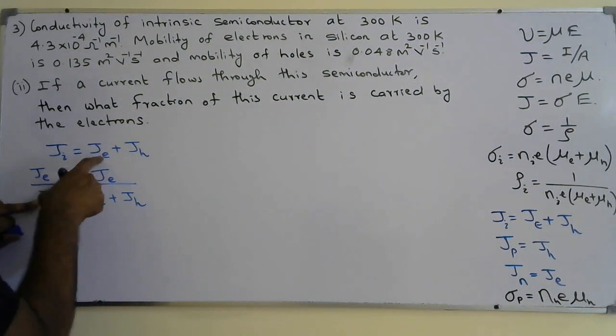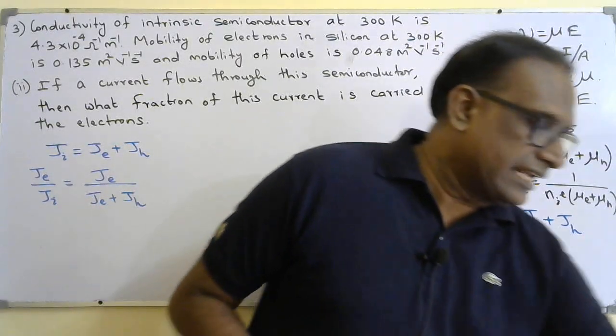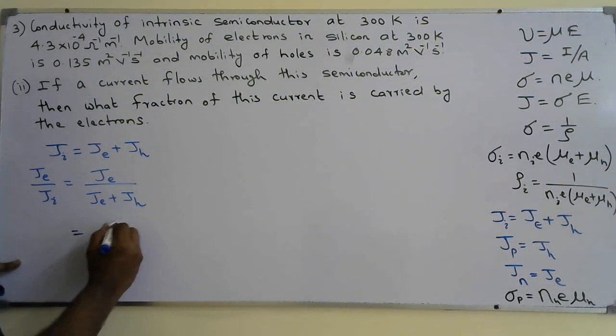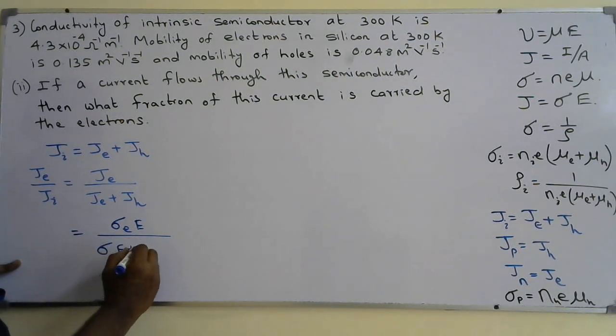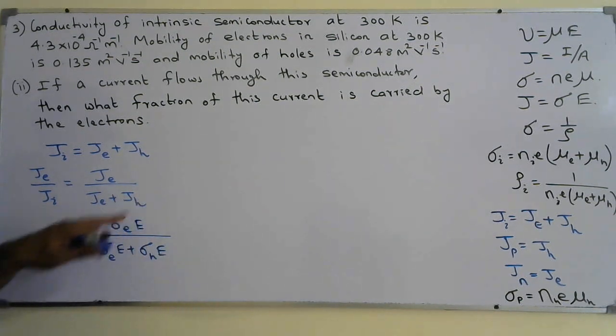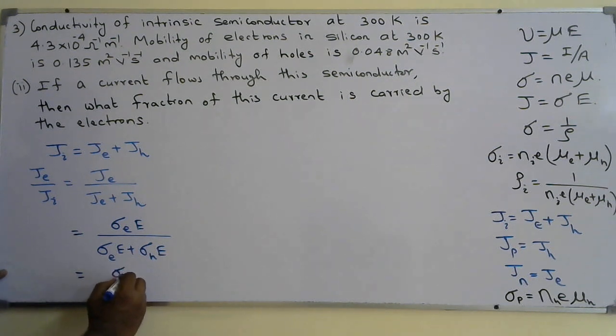But we know that J is equal to sigma E. So it's going to be sigma E over sigma E plus sigma H E. E and E in the numerator and denominator will get cancelled. So it's going to be sigma E over sigma E plus sigma H.